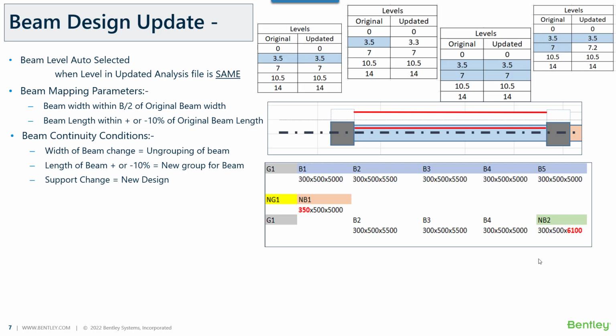When the length increases by more than 10%, it is identified as a new beam. Hence, my B5 design will be discarded and it will be an NB2 beam. But this beam will still remain in the same group as my width is the same. Hence, this will be a new beam with the same group, and NB1 is a new beam in a new group due to the change in width of the beam.